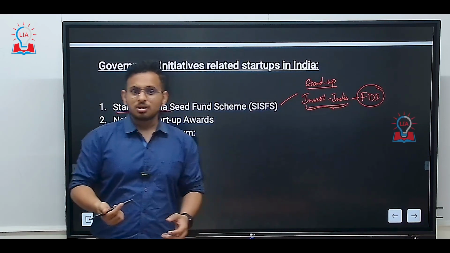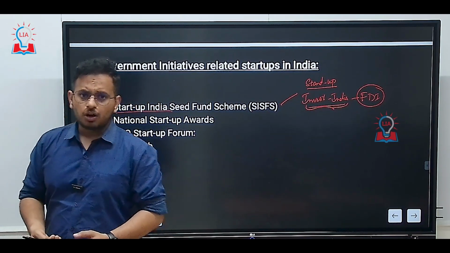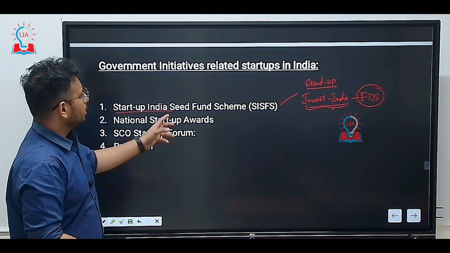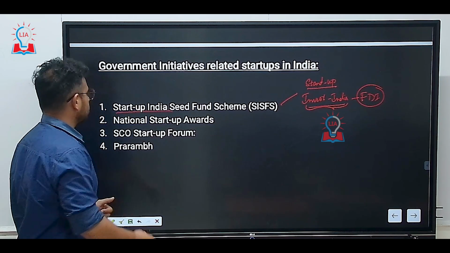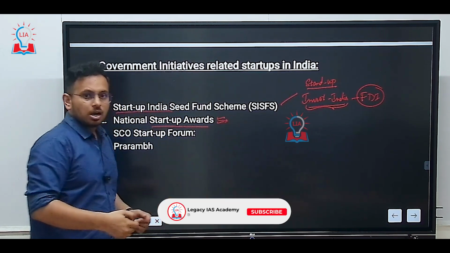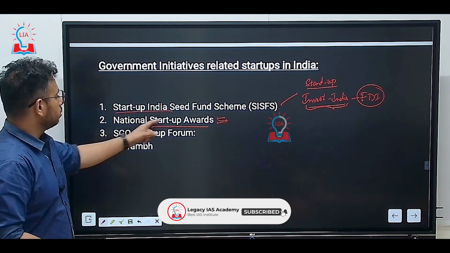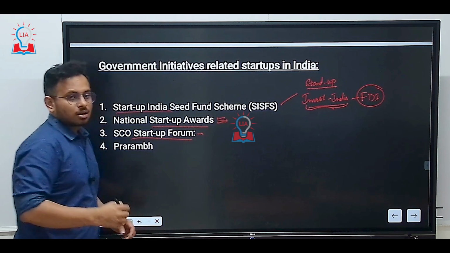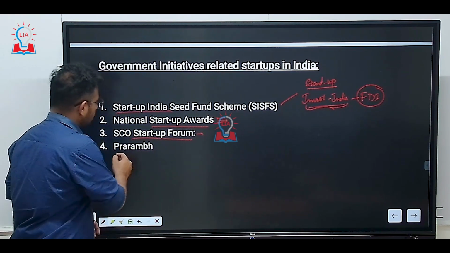Along with this, some other schemes were launched in order to skill the labor so that they can be absorbed by the startups. National startup awards are being conducted year on year in order to incentivize innovation in the startup sector. SEO Startup Forum has been started.